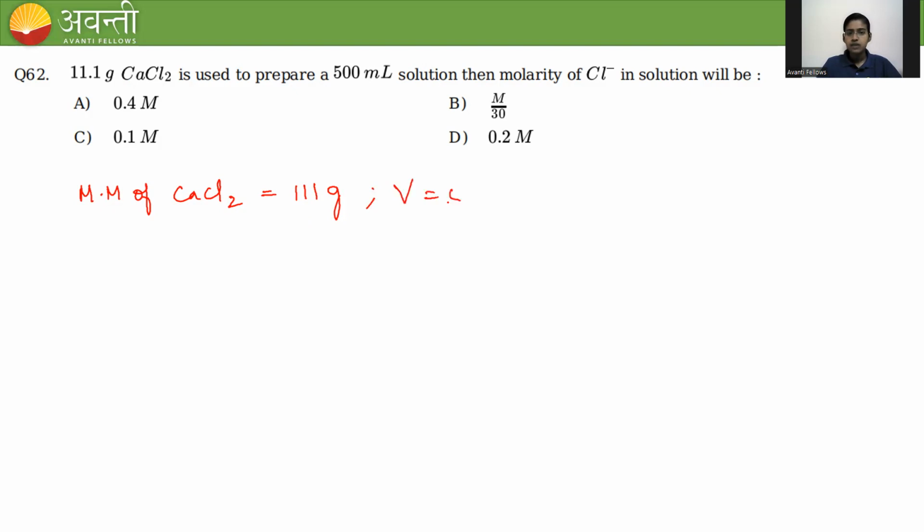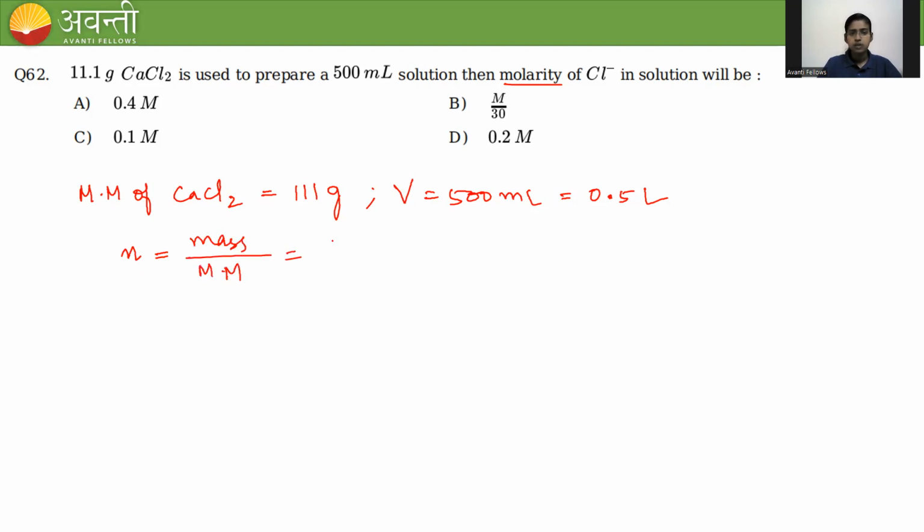And the volume is given as 500 ml. If I convert this to liter, I will get 0.5 liter. Okay. I have to find out the molarity of Cl minus. To find the molarity, we need to find the number of moles of the solute first. The number of moles of the solute is equal to mass by molar mass.